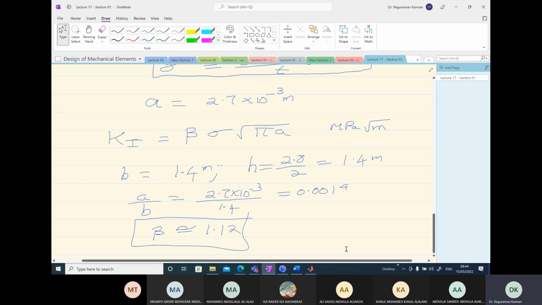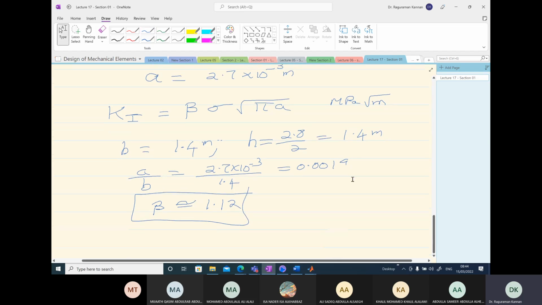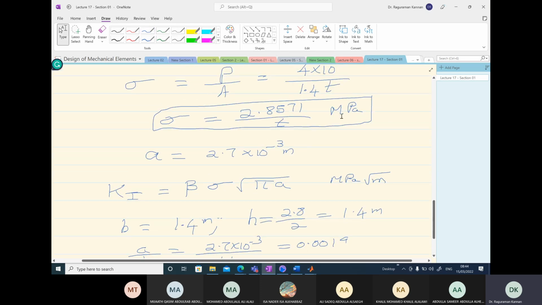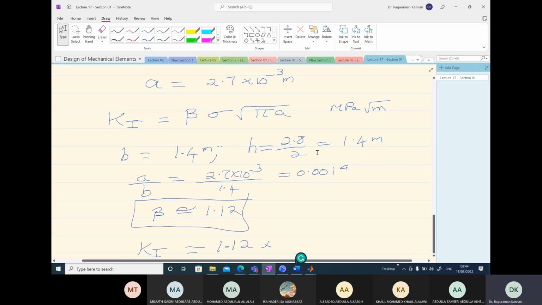Assuming this beta value, we can evaluate K I, the stress intensity factor. Okay, substitute 1.12 times sigma value. What is the sigma value? Stress we have already calculated, 2.8571 over T in megapascals, consistent units, times root of pi times 2.7 times 10 power minus 3.